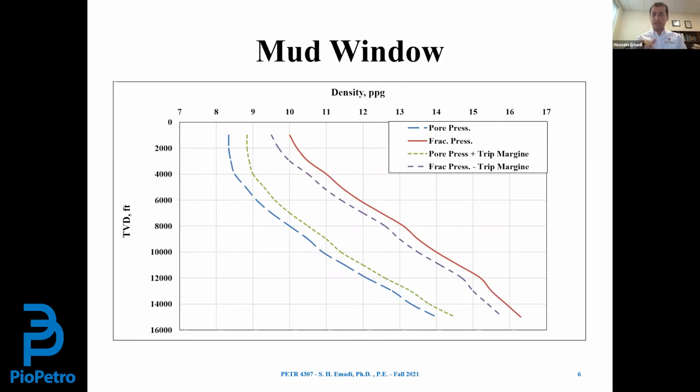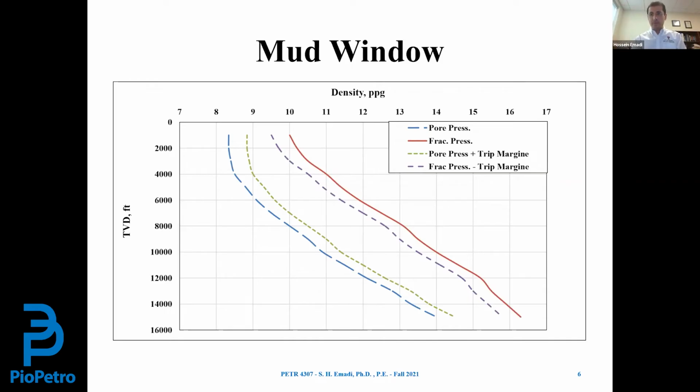Now, on the other hand, when we are tripping out of the wellbore, we are removing the pipe. So the level of the drilling mud starts dropping. So the mud inside the annulus goes down.